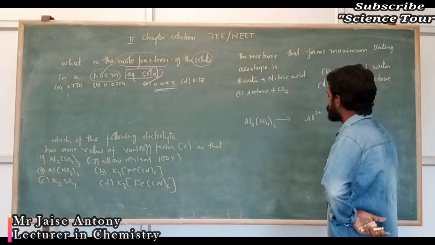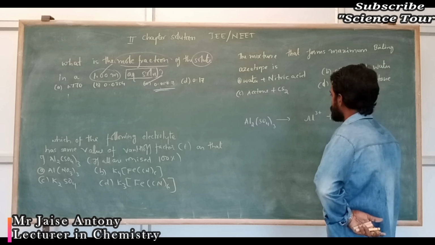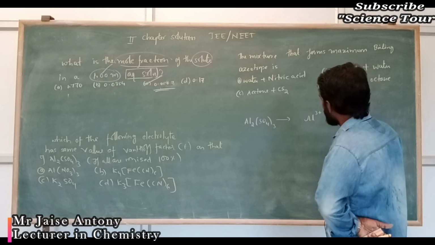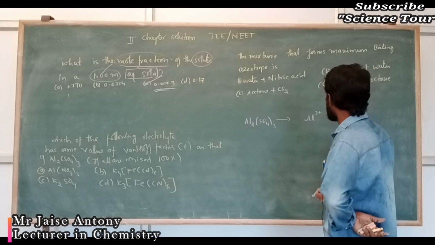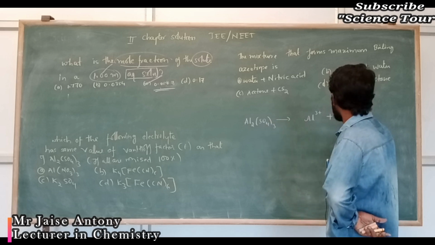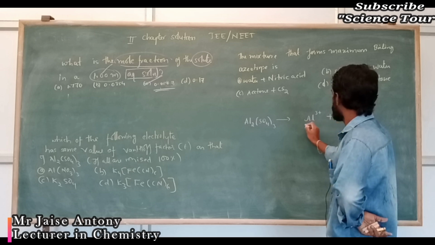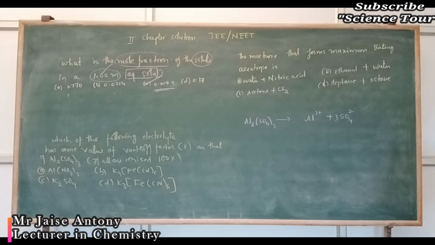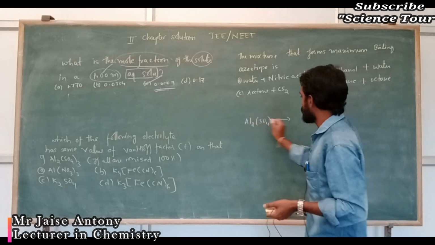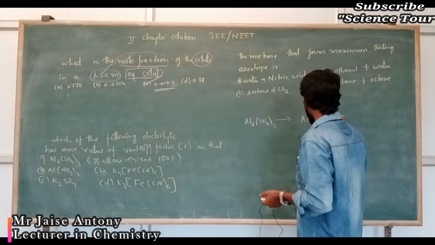So number of ions, you just balance the equation here. Al2(SO4)3 dissociates into Al3+ and SO4 2-.